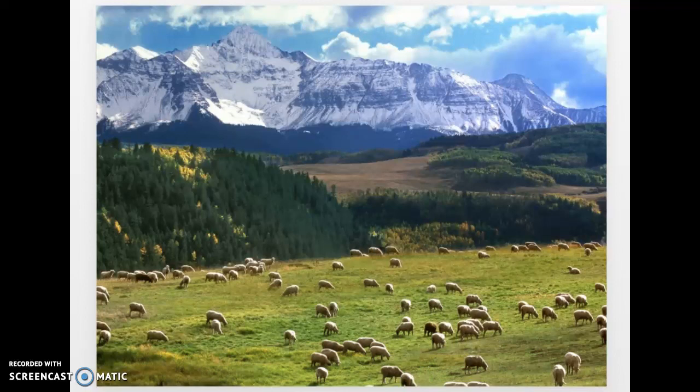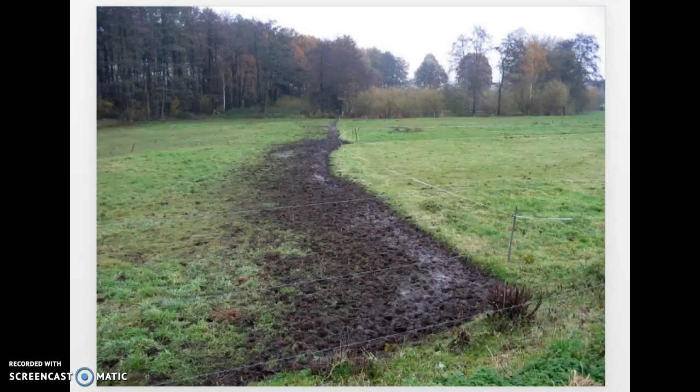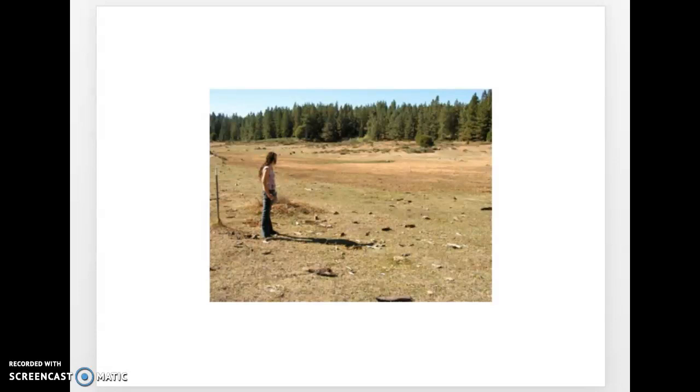At some point, everybody begins to look out for their own self-interest, right? You get so many sheep out there in this meadow that the landscape begins to degrade. There's just too many sheep. The landscape can't support this many sheep, and the landscape begins to degrade.